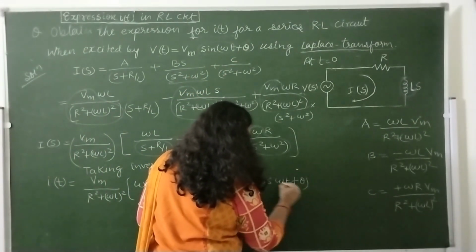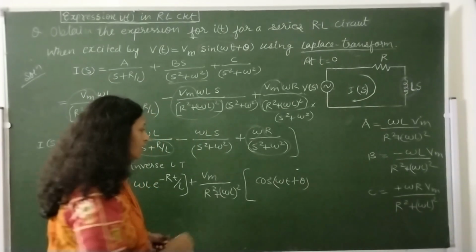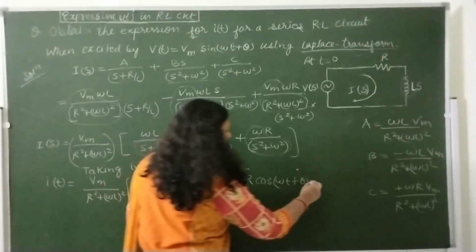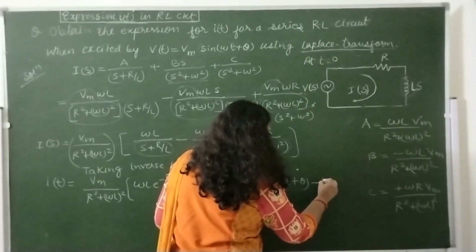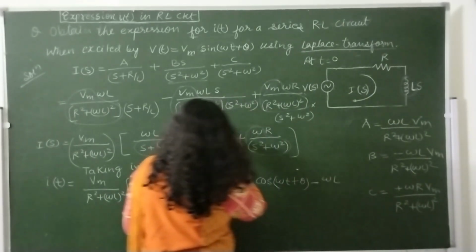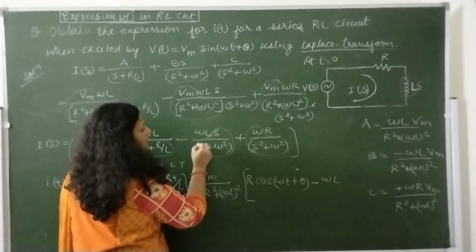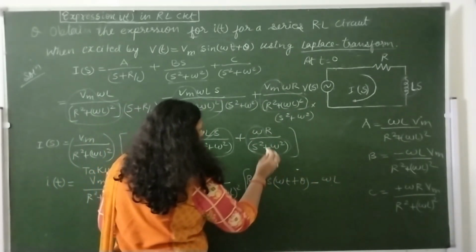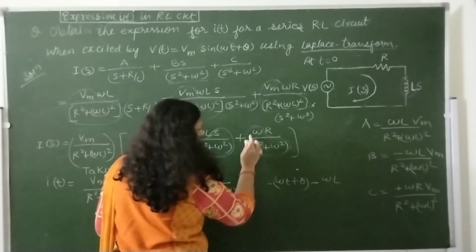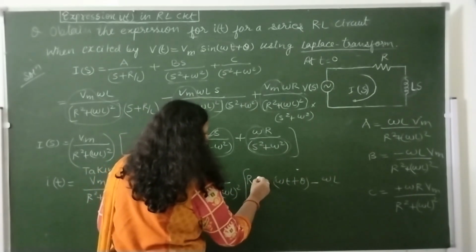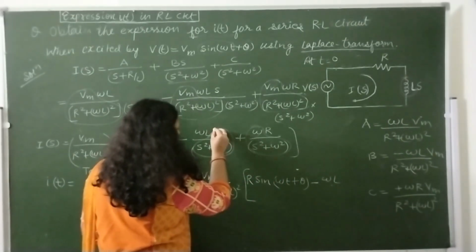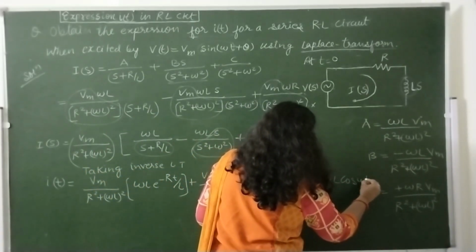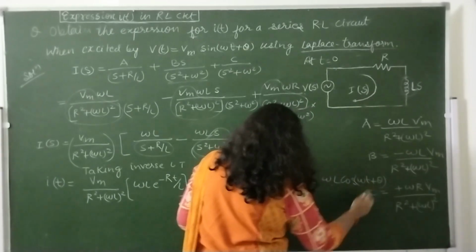So write it as it is, omega t plus theta, and R will come here. In the last term, that is minus omega L, the inverse Laplace of omega divided by s square plus omega square is sine, and the inverse Laplace of this is cosine omega t plus theta.